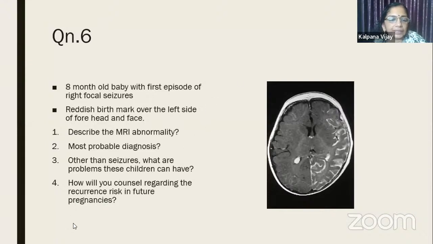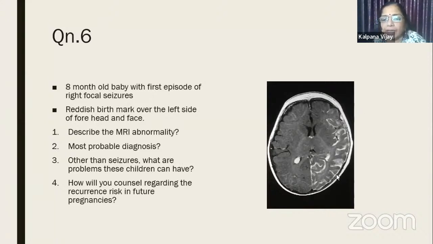And other than seizures, what are the problems these children can have? One thing, this tram track, somebody wants to describe that.